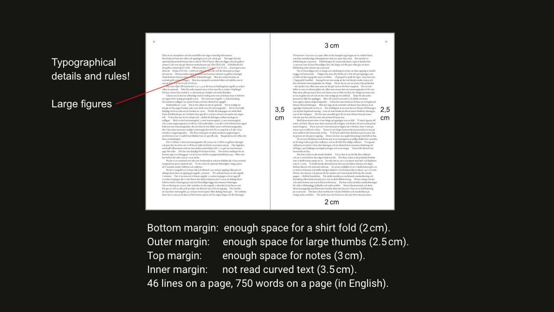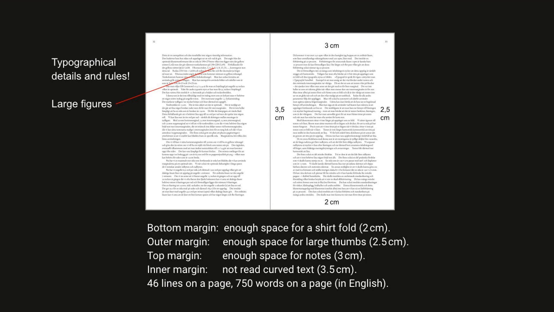It should be 1 inch, about 2.5 centimeters, so that you can easily put your thumbs in it. Not everyone has the same thumb size, so possibly those with the biggest thumbs should be allowed to decide. I hope that readers with large thumbs can put their thumbs in a margin of 2.5 centimeters.